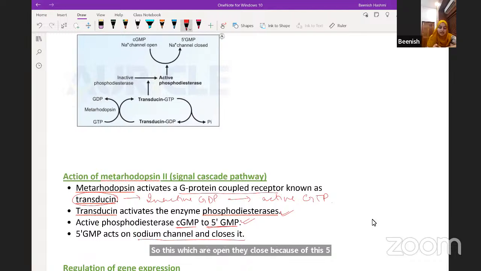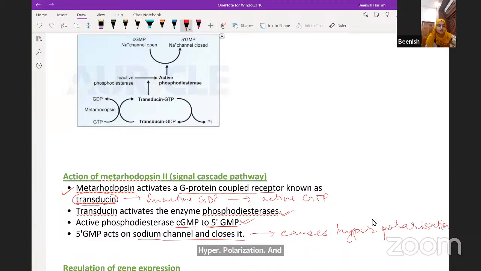It is basically because of the actions of metarhodopsin 2. Now, when the sodium channel closes, it causes hyperpolarization.